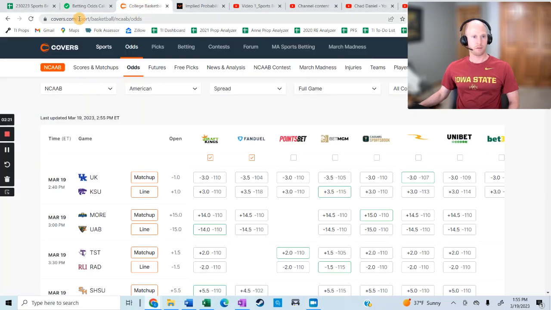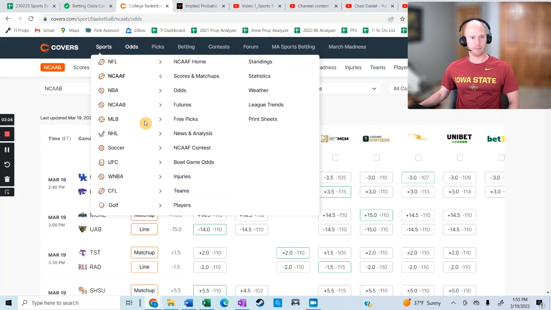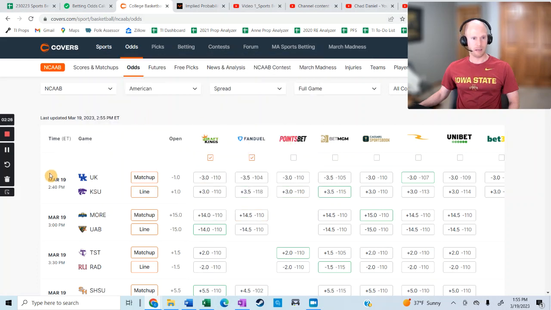I've often used covers.com or thelines.com for this, but this is live today. There's a game starting in about 45 minutes here. Kentucky against K-State. And you see the different sports books here. We're using DraftKings and FanDuel.